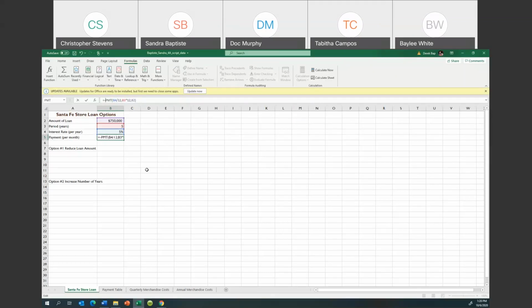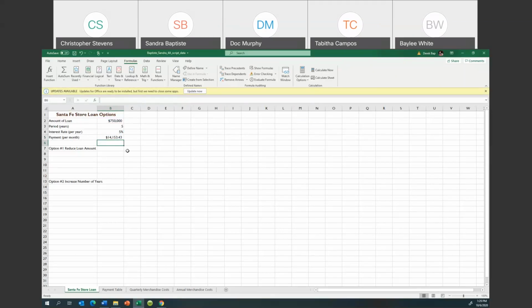Good. Okay, so you can press enter. So now it's a positive result. So someone looks at this now, they say, "Oh, I owe you $14,000 because that's how much I had to pay per month."